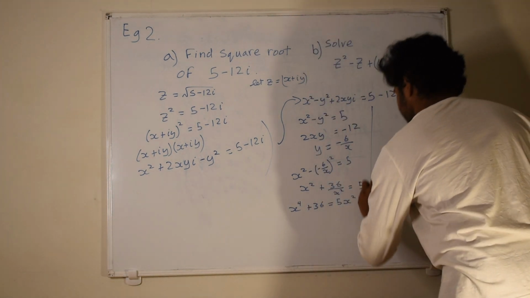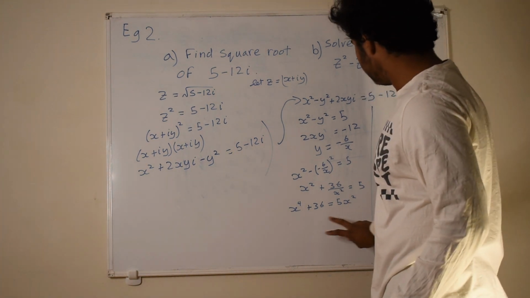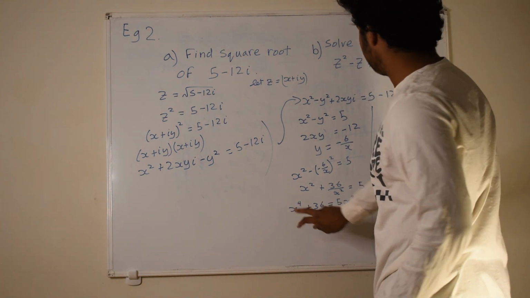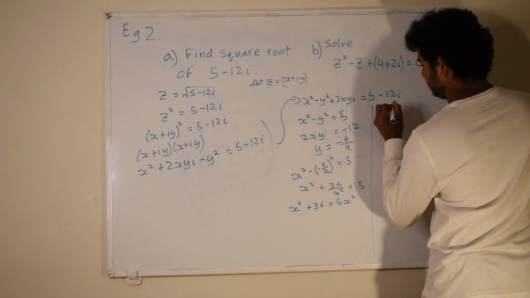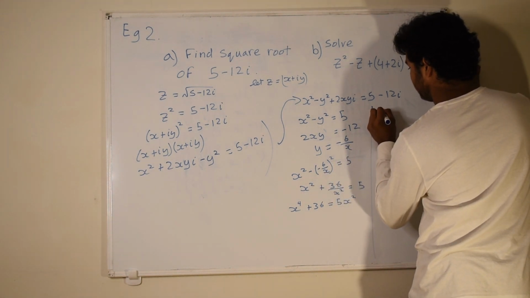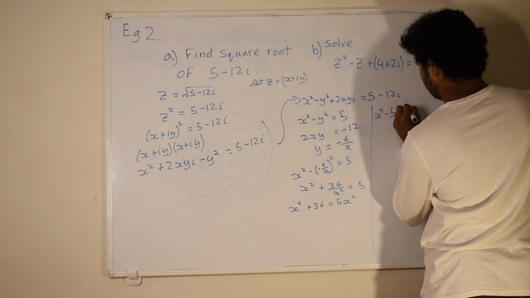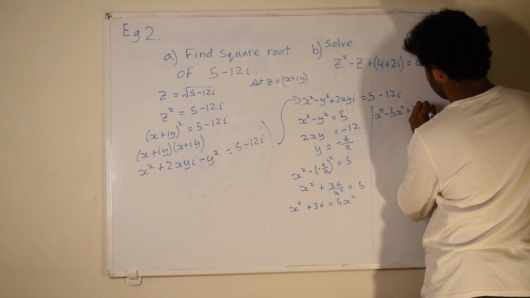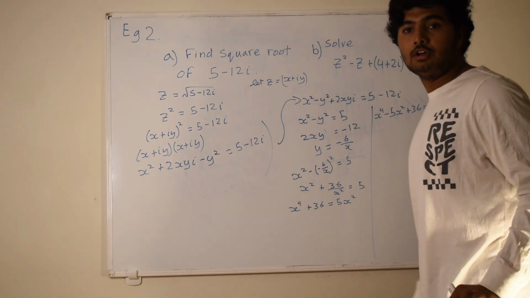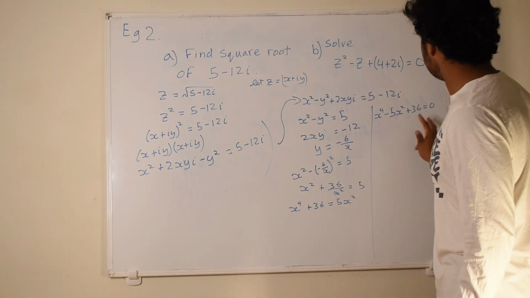Then subtracting 5x squared from both sides, we get x to the power of 4 minus 5x squared plus 36 equals 0, so we're treating this as a quadratic.